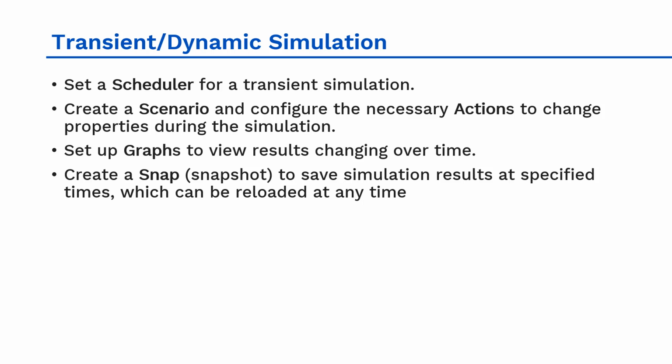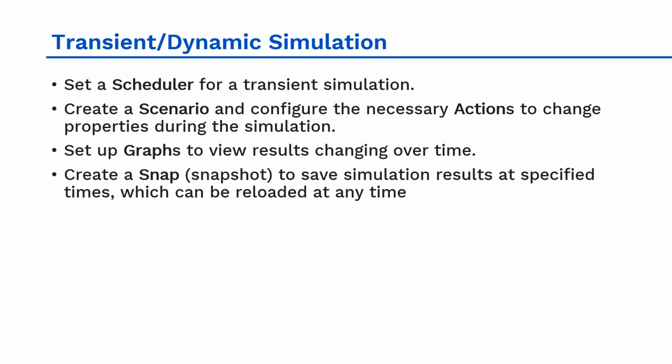For transient or dynamic simulation in Flownex, first of all, we need to set a scheduler to specify the inputs for transient simulation. Then we need to create a scenario and define the necessary action that shows what properties are changed during the simulation.